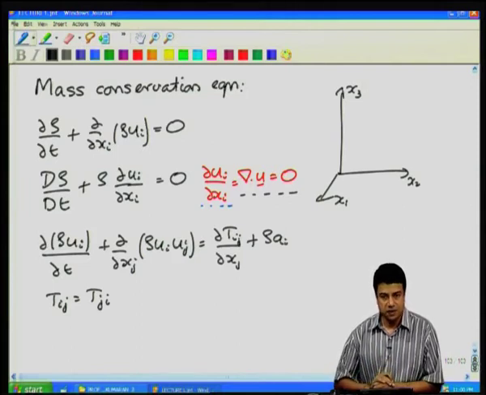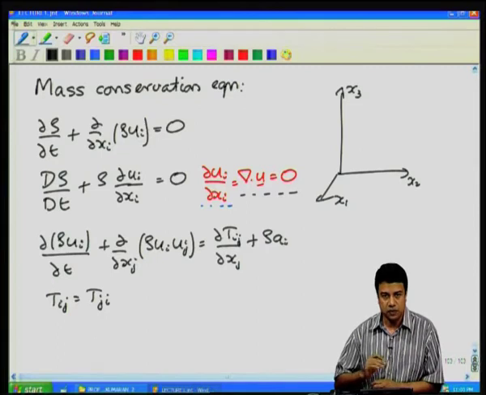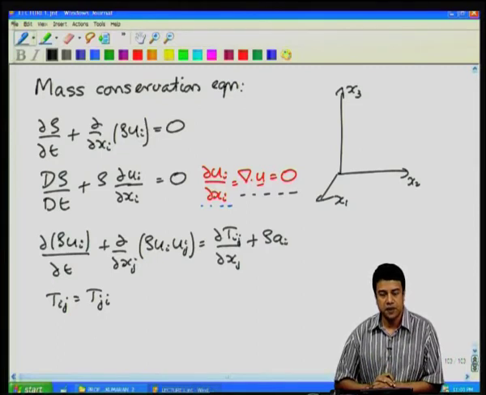So, in this case the tensor is symmetric. So, I can only separate it out into 2 parts. One is an isotropic part proportional to the identity tensor, and the second is the symmetric traceless part.